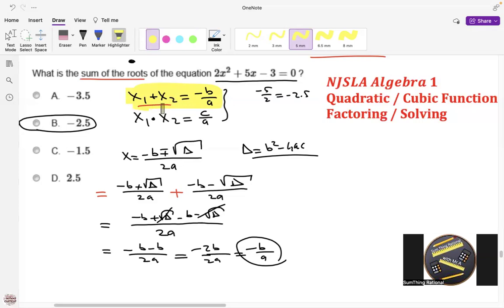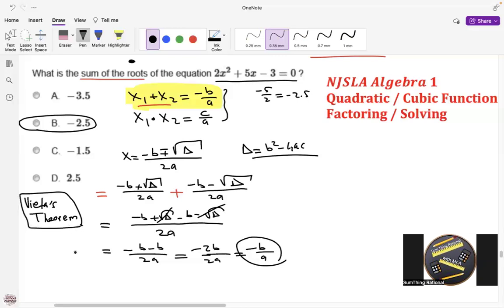This formula is Vieta's theorem, or Viet's theorem. I think he was a French mathematician who generated this formula. You can Google it and you will find it. I don't know how to pronounce it really, since it's French. So you can check that.